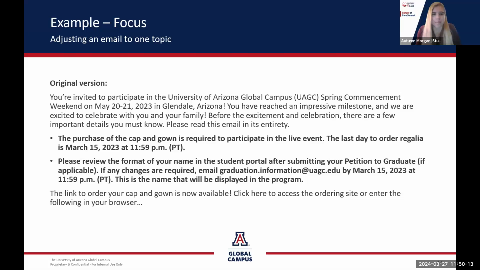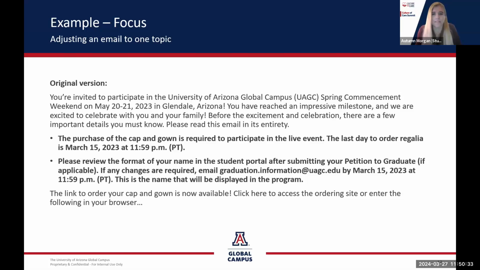We also provide the cap and gown, with bulleted points and some formatting in the student portal for your petition to graduate. We also provided details on the cost of each cap and gown by degree level from the third-party vendor, and then some tips and practices on how to best order the cap and gown.